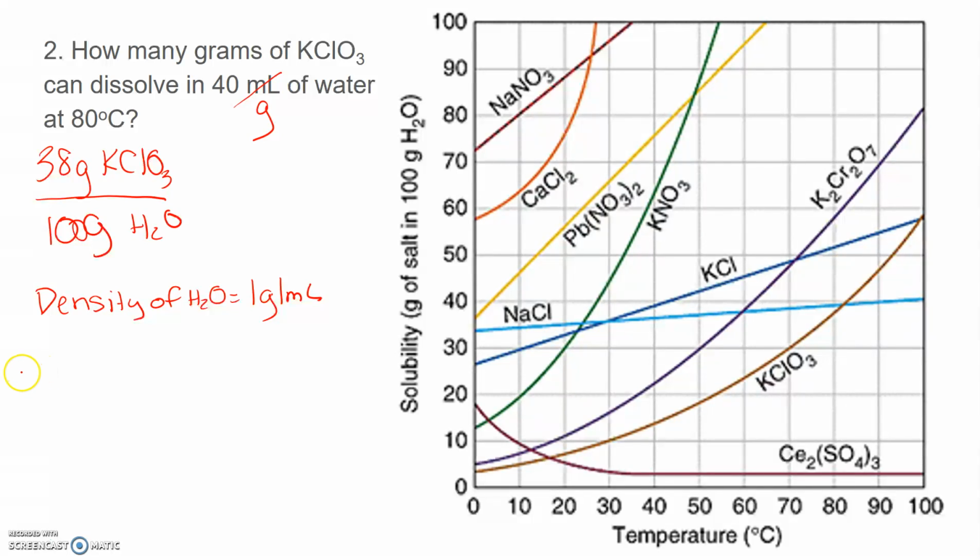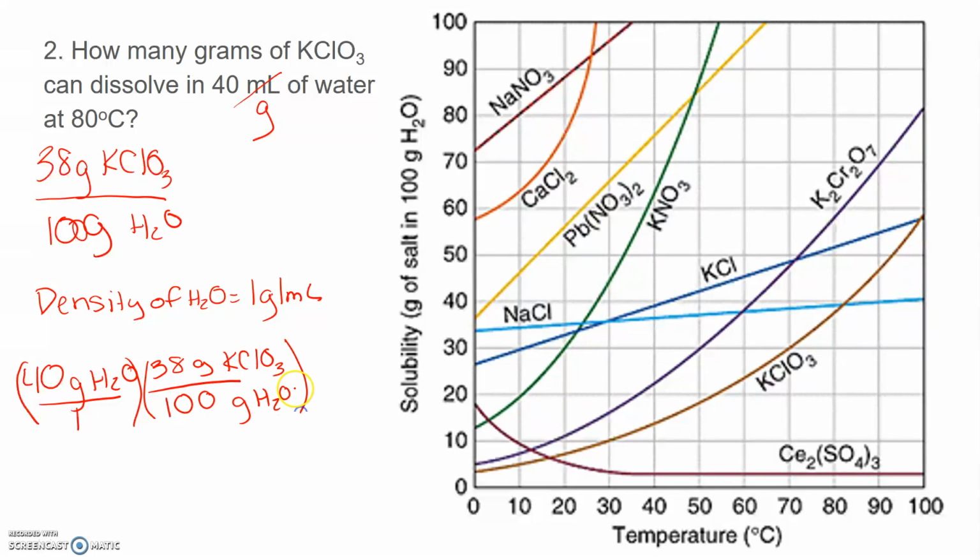So if we start with 40 grams of H2O, put that over 1, and multiply that by 38 grams of KClO3 over 100 grams of water, we'll find how much KClO3 can dissolve in that 40 grams.